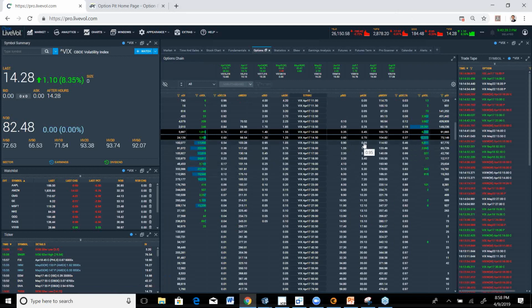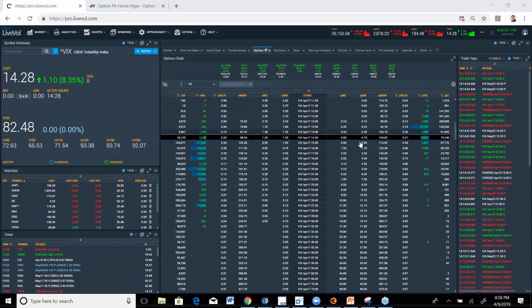The April 15 puts are 95 cents. Well, the April 14 puts, which are here, are 45 cents. What is 95 minus 45? 50 cents.